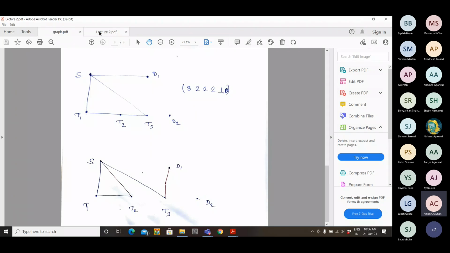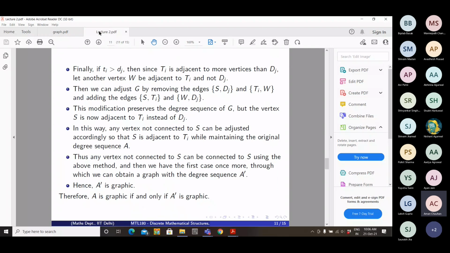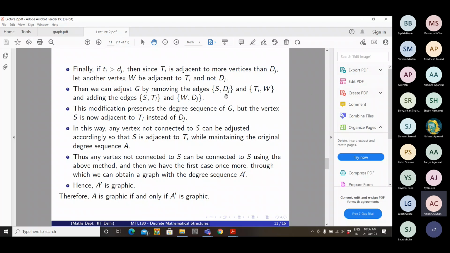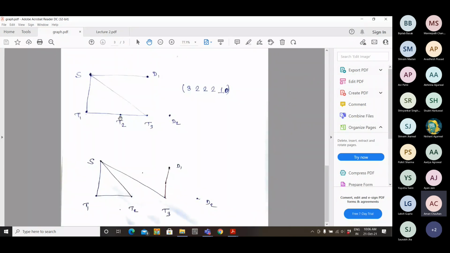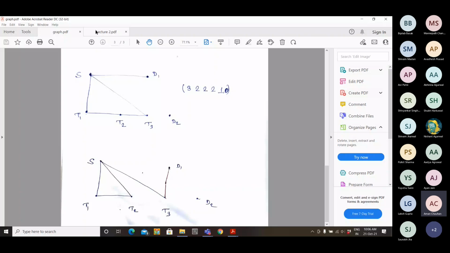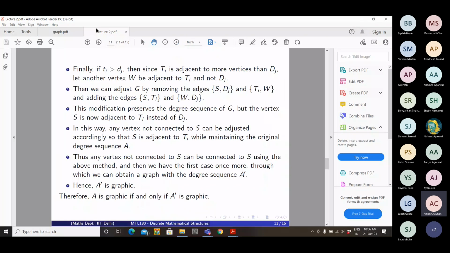Similarly here, what we do is remove the edges S Dj and Ti W, meaning the vertex which was adjacent to Ti but not adjacent to Dj, and then add the edges S Ti and W Dj.